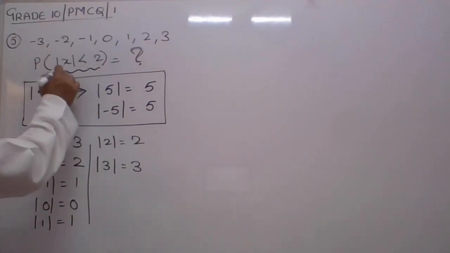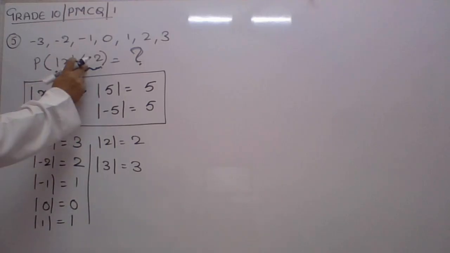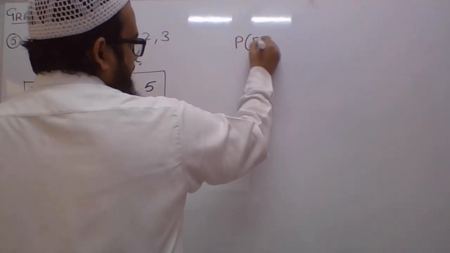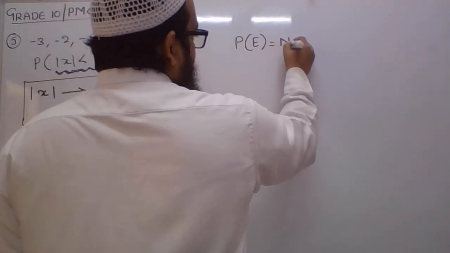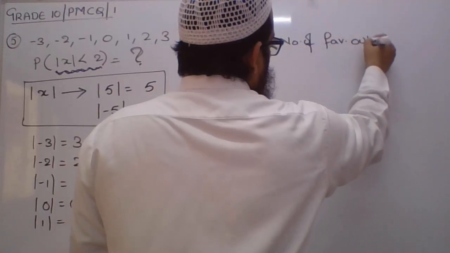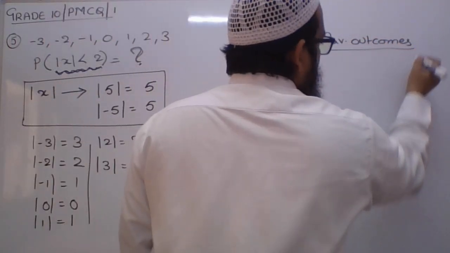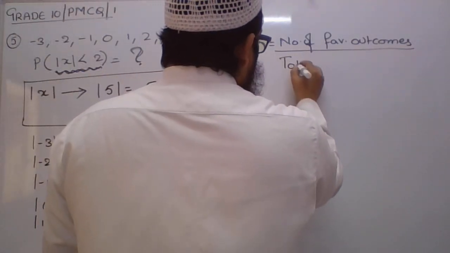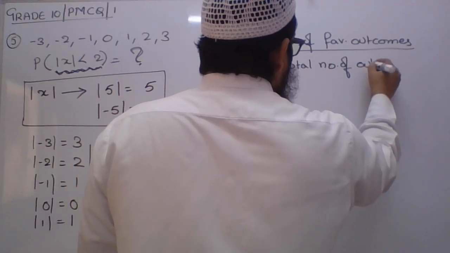Now he is asking the probability of mod x less than 2. See, whenever we talk about the probability of an event, probability of an event is equal to the number of favorable outcomes, favorable outcomes meaning the outcomes which we need, divided by the total number of outcomes.